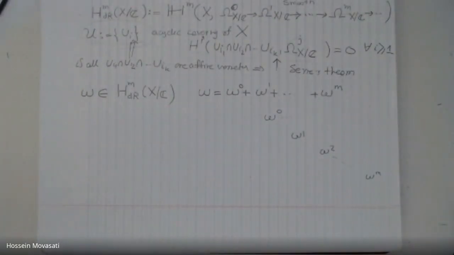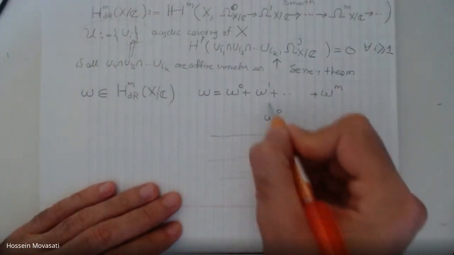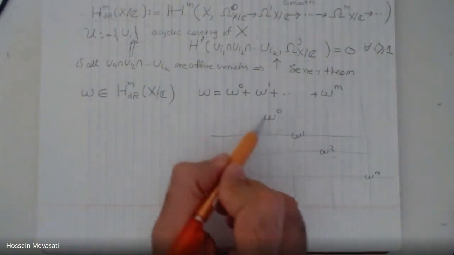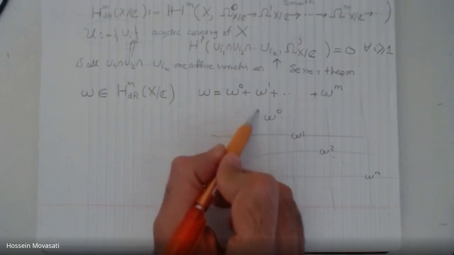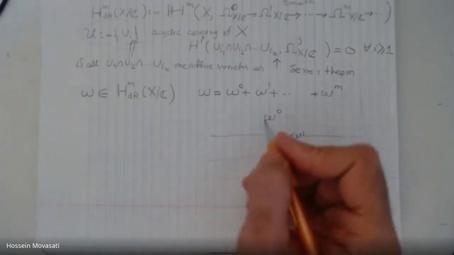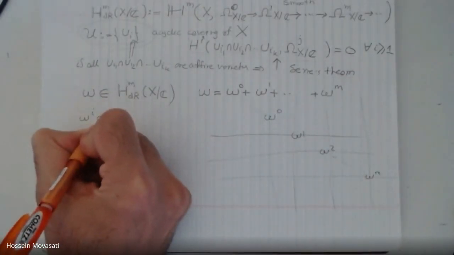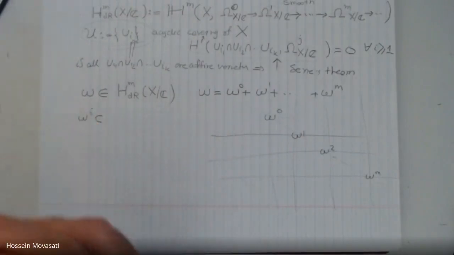Remember that we had a double complex, and the elements of the algebraic de Rham cohomology were in the anti-diagonal. So omega_0 and omega_i is just a collection.